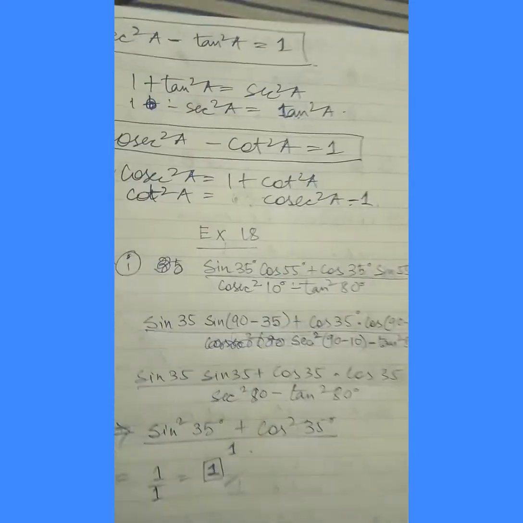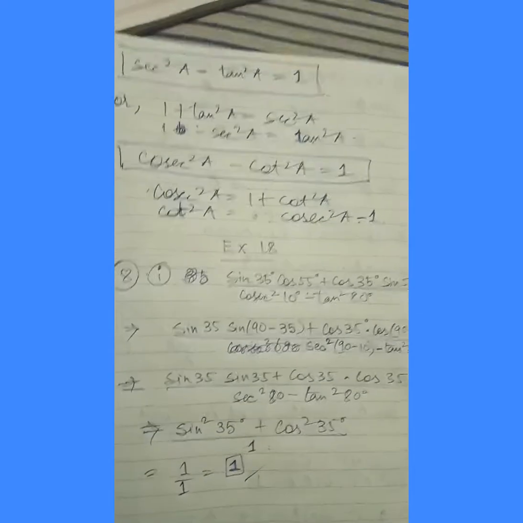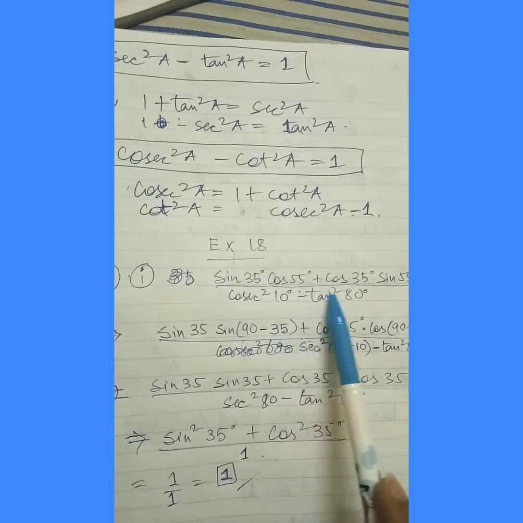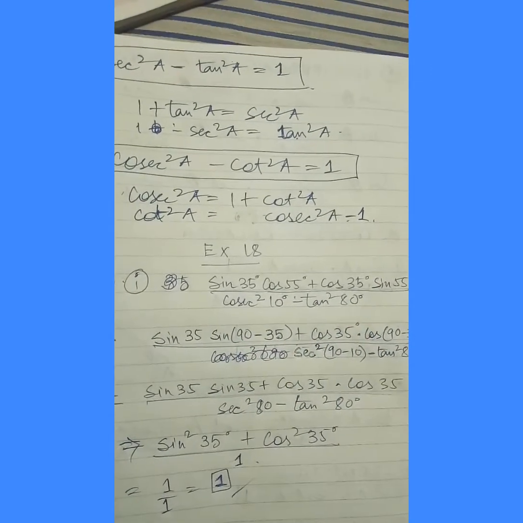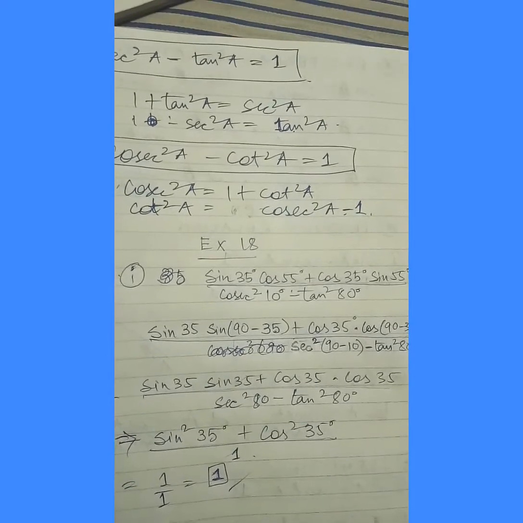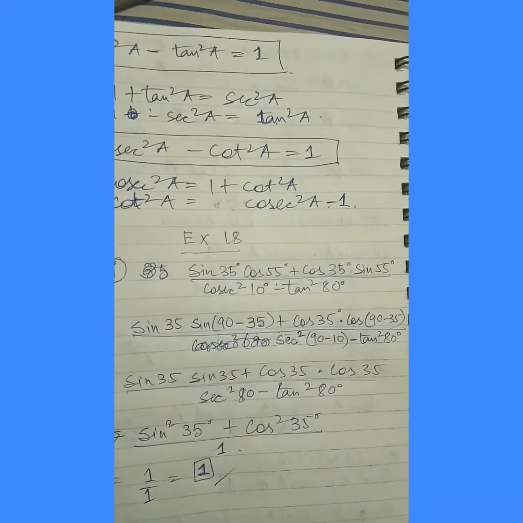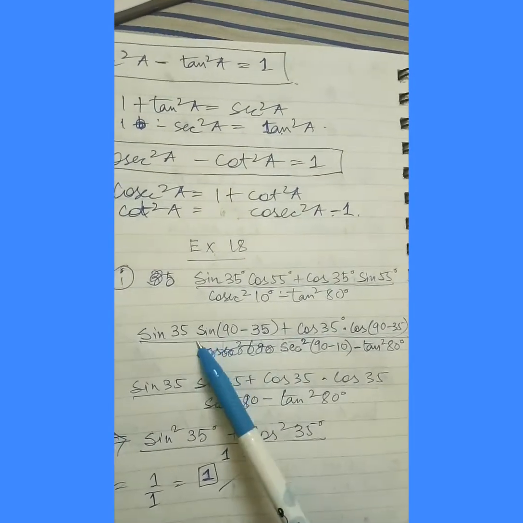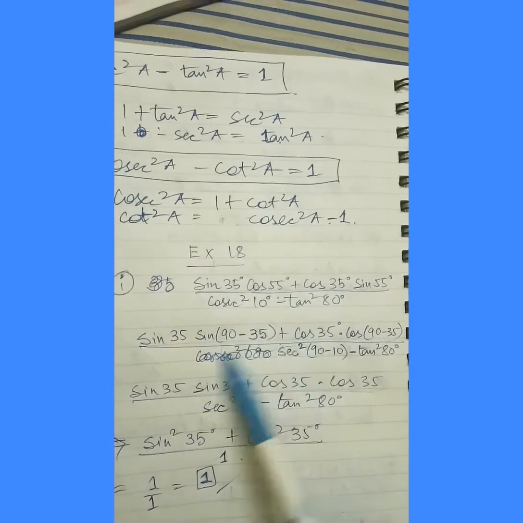Now I have taken one example, one question from the exercise, that is 8 Roman 1: sin 35 degree cos 55 and cos 35 sin 55, and this is given. Now, from here we know that in class 9 we have done the complementary angles, right? So what can we say? Sin 35 is there, but here we need to change it into sin only.